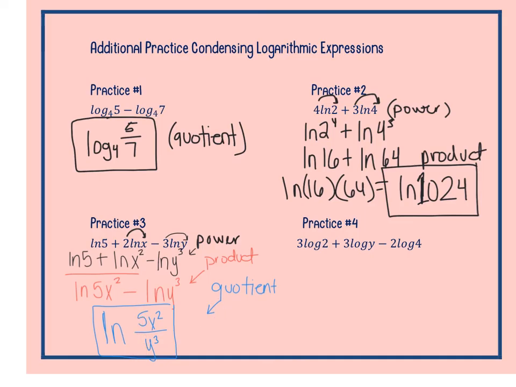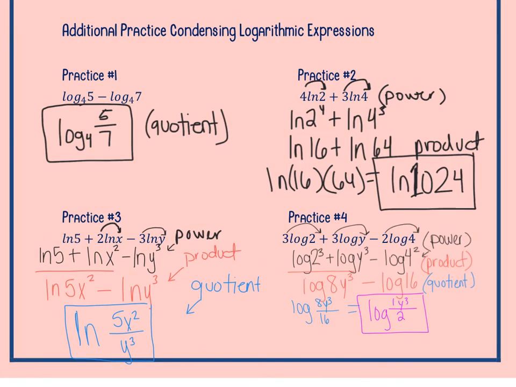Go ahead and try number 4 on your own. It's our last problem for this video. Pause this video. Okay, so practice number 4, we also started with the power property, which means when I have a coefficient, my coefficient was really the exponent. Boom, boom, boom. Okay, then I did the product property that says when I'm adding, I was really multiplying.